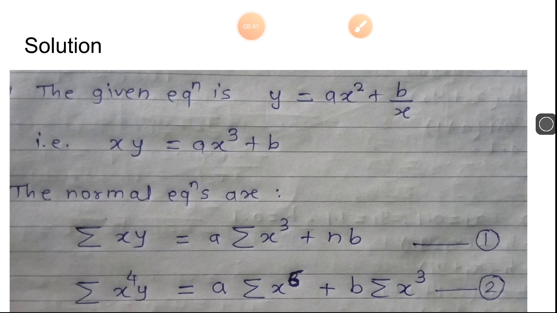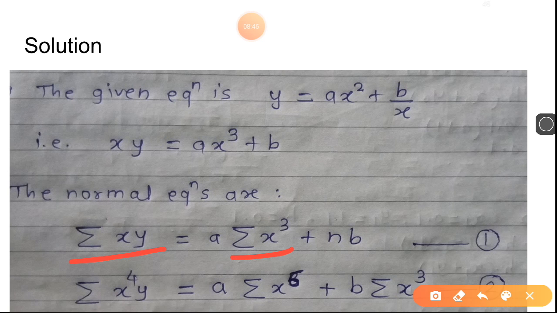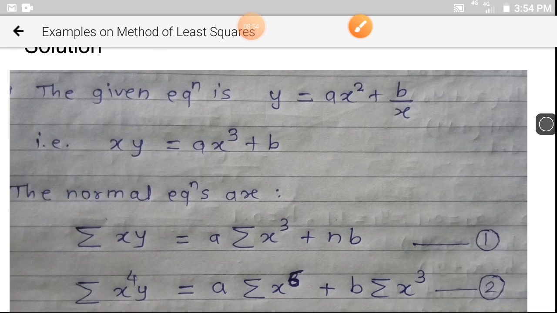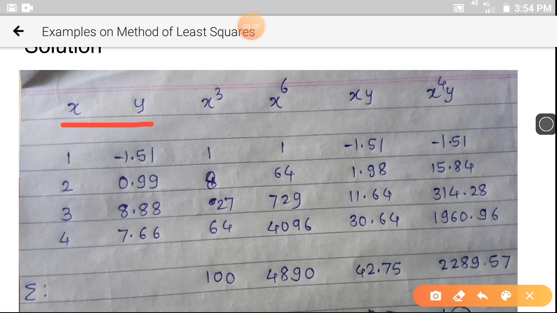In the next step, we have to substitute the values of summation xy, summation x cube, n, summation x to the power 4 y, summation x to the power 6 and summation x cube. For this, formulate one table. So these are given values of x and y.